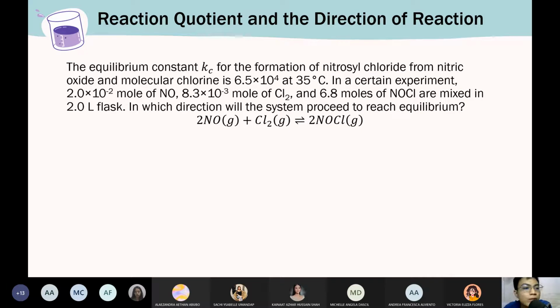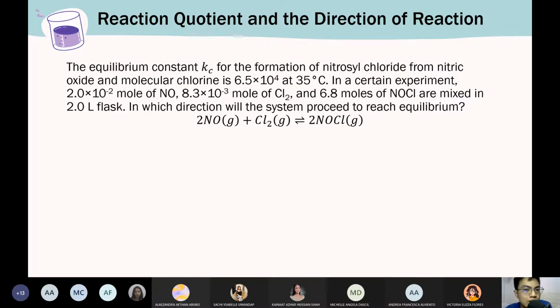In a certain experiment, 2 times 10 raised to negative 2 mole of nitric oxide, 8.3 times 10 raised to negative 3 moles of chlorine and 6.8 moles of nitrosyl chloride are mixed in 2-liter flask. In which direction will the system proceed to reach the equilibrium?